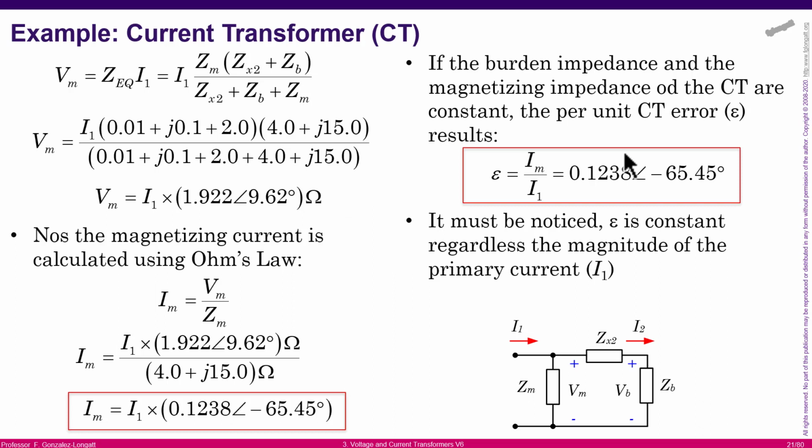If you look at the definition of per unit CT error, you will realize that the error is equivalent to dividing the equivalent impedance by the magnetizing impedance. What I'm trying to say is the per unit current error is not dependent on the primary current.